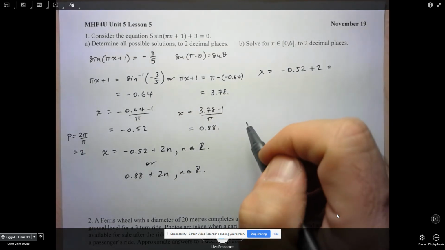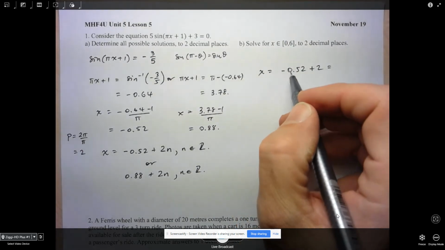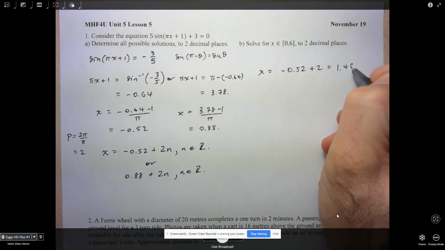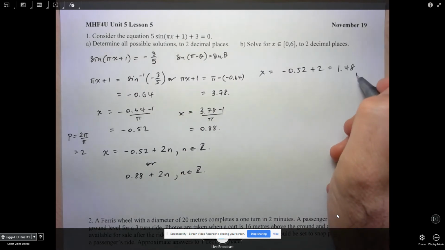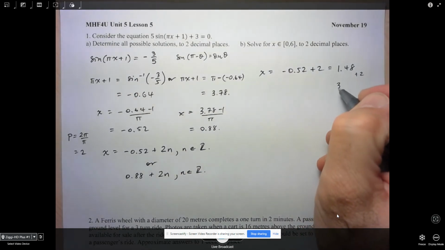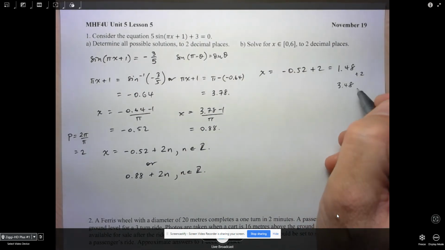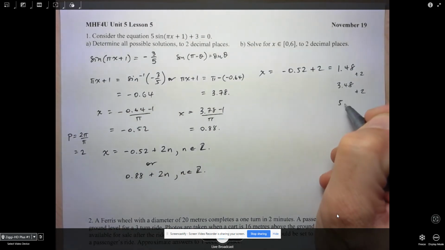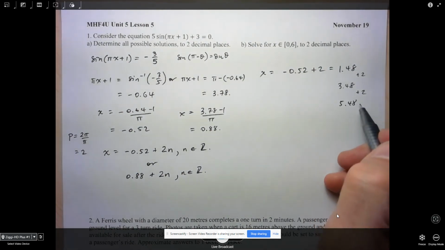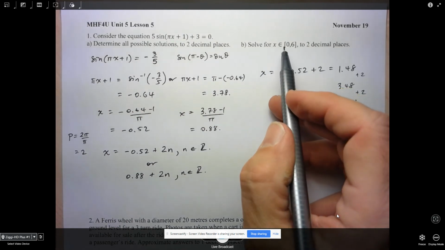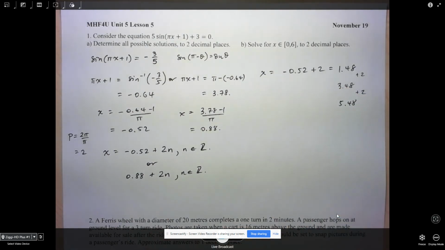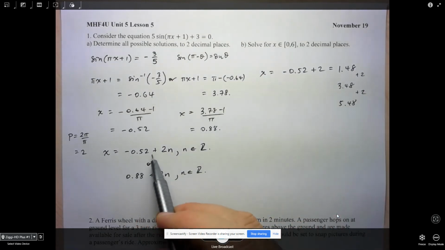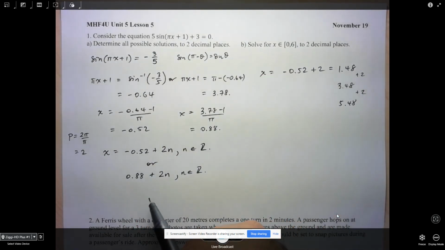That'll bring me into the range, so that would be 1.48. And then to find other answers, I'm just going to add 2 to that. So 3.48, and then another 2, 5.48. I'm not going to add another 2 because it's going to be outside of the range of values I'm looking for. So I get 3 answers from this first expression.